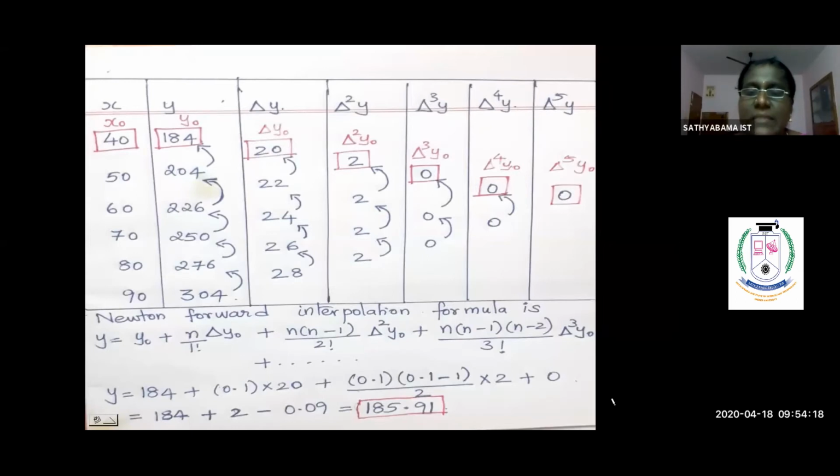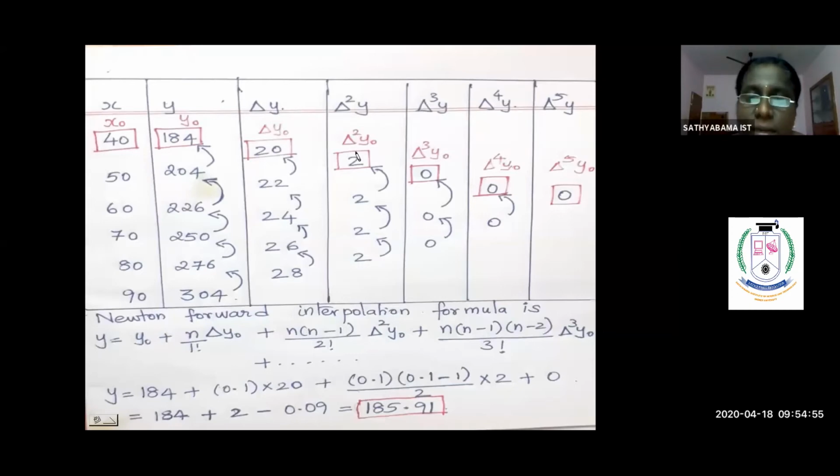Now I need to identify what values I need for Newton's interpolation formula. Again, I have written under the table Newton's interpolation formula, and there I have replaced whatever values we have calculated here. In the table, I have marked whatever values I need. For calculating n, I need x naught, so x naught is here. For y naught, I have entered the formula, then del y naught is the first entry under the del y column.